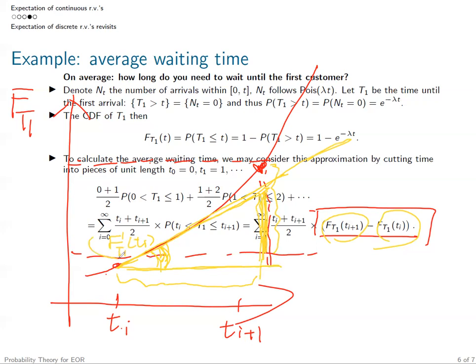So the derivative times the length between t_i and t_i plus 1, the product of the derivative value and t_i plus 1 minus t_i, is roughly equal to the difference between the function values evaluated at t_i plus 1 and t_i, right?